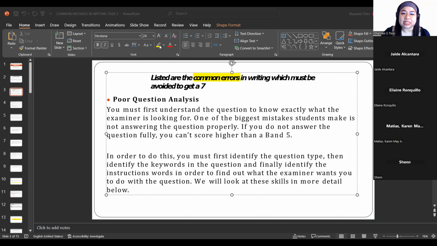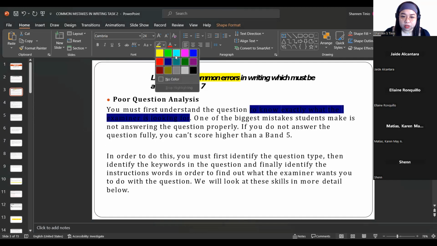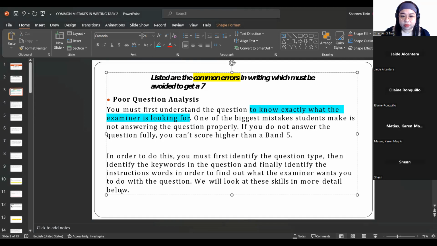Let's put emphasis on the phrase to know exactly what the examiner is looking for. Sometimes when we're in a hurry or when we are overwhelmed with nervousness, we don't read instructions intricately or meticulously or carefully.